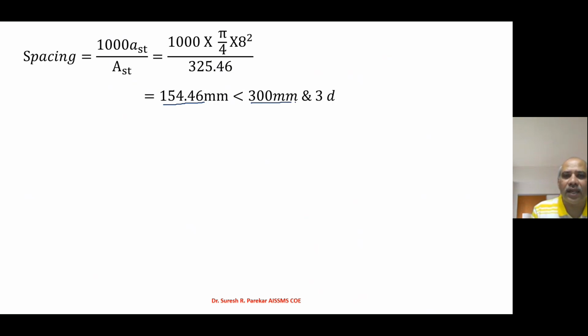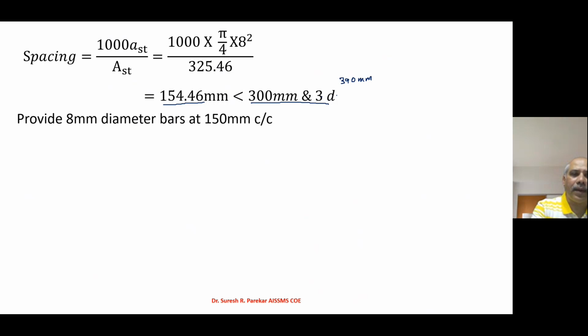And then this value will be less than 300 mm and 3d, because d we have 130. So 130 into 3 comes 390 mm, and this is less than this. Then we have provided 8 mm diameter bars at 150 mm center to center, and this will be my main reinforcement.